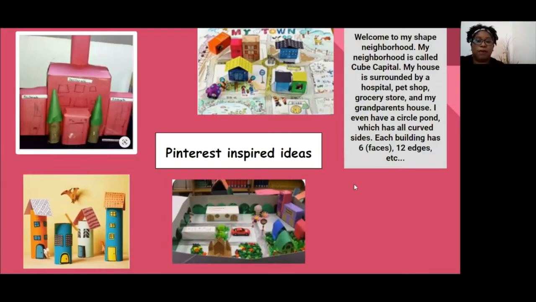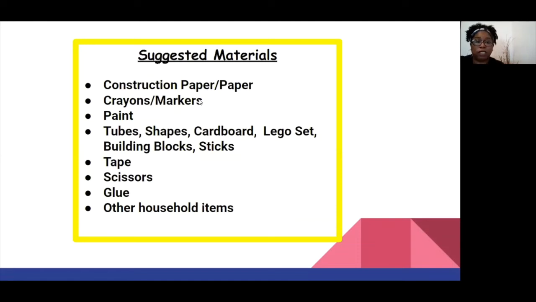So now, here are some suggested materials. Construction paper, any paper will do, aluminum foil, any of those things. Crayons, markers, paint, tubes, shapes, cardboard, Lego sets, building blocks, sticks, straws, tape, scissors, glue, and any other household item that's available.